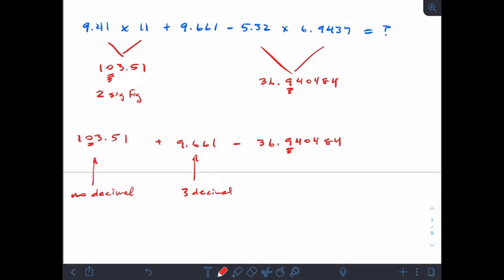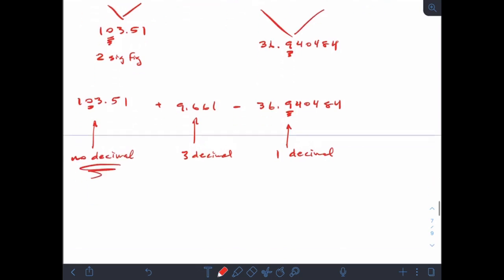This one stops at the tenths place, so I'll have 1 decimal place. So my final answer needs to have no decimals. Right, so I punch these numbers into the calculator and it gets me 76.230516.